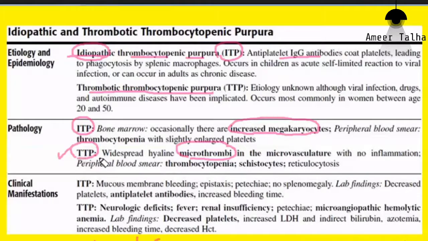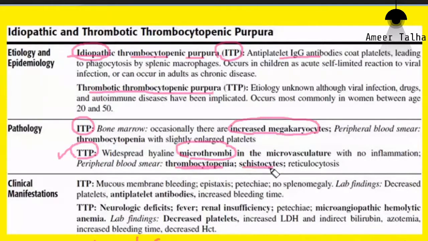Thrombotic is for formation of multiple small size clots. We call these clots microthrombi, and they are dispersed throughout the vascular system. Moreover, the peripheral blood smear will show thrombocyte count less than normal, obviously.